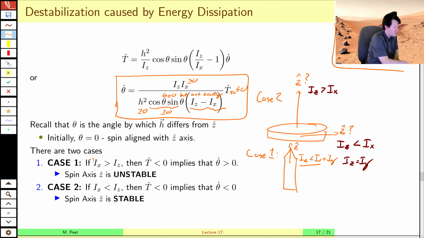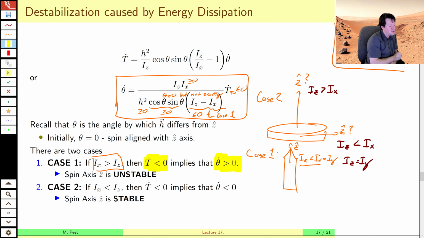And so if Iz is less than Ix, this term is going to be less than or equal to 0 for case 1. And so if t dot is less than or equal to 0, because this is negative, theta dot will be greater than or equal to 0. So t dot less than 0 in that case implies theta dot is greater than 0.